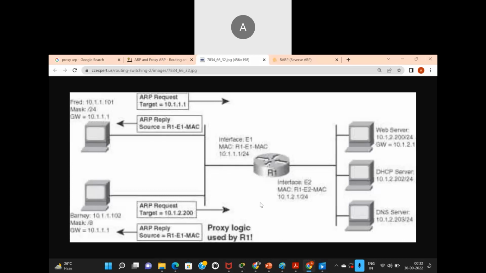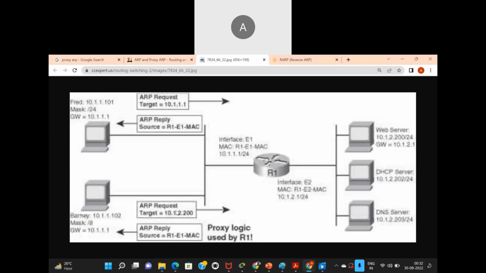So normally the router should drop the packet. This is the default behavior of a router for any broadcast packet. But just for this ARP request, it sees that it is directly connected to the 10.1.2 network that is on this side of the interface. He says you cannot go, but I can go to this side.